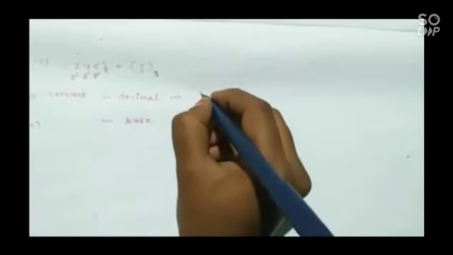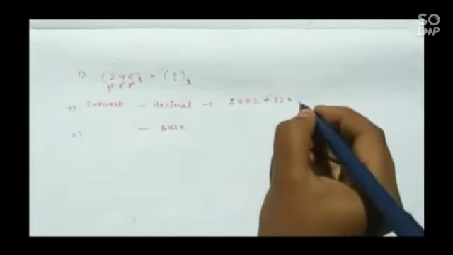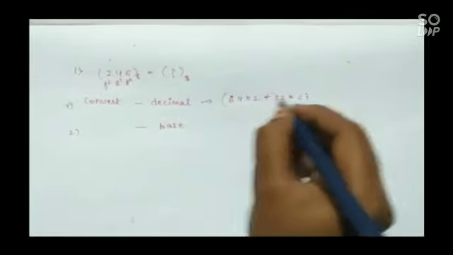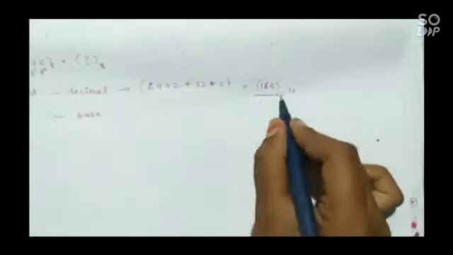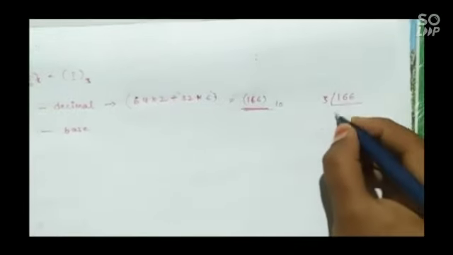So we have 8 times 64 plus 2 plus 32 times 6. We have 166 as base 10. Now we will convert the base 10 value into base 3. 166 divided by 3.